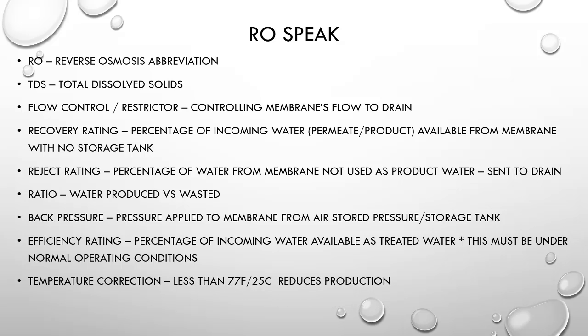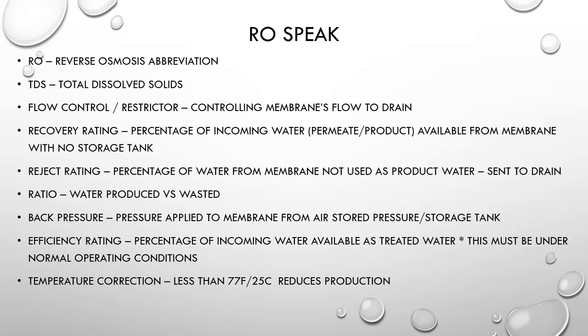Temperature correction is what we need to consider on any and all RO systems, for that matter, used on water colder than 77 degrees Fahrenheit or 25 degrees Celsius. 25C and 77F is the temperature factories test membranes at as a universal standard. Colder water decreases membrane production of permeate or purified water.